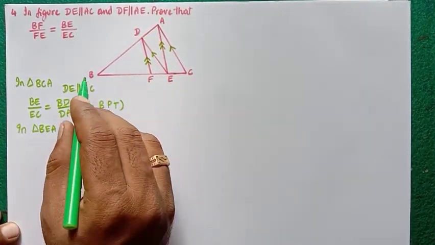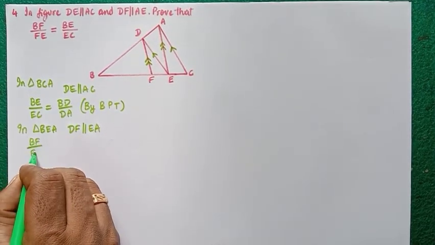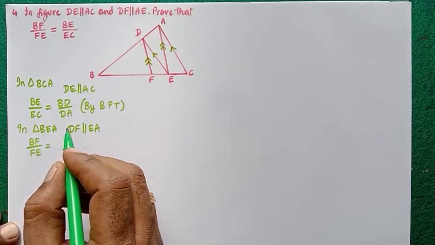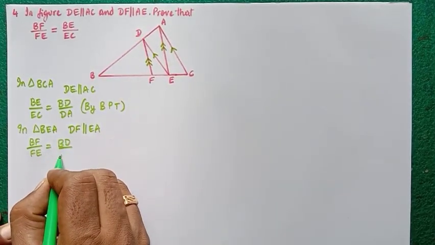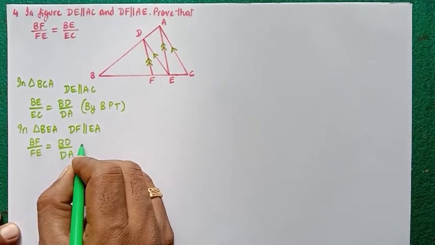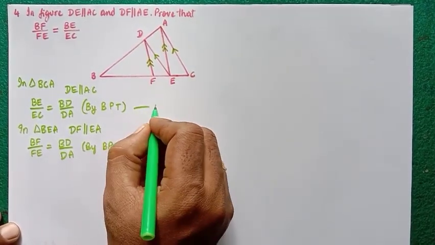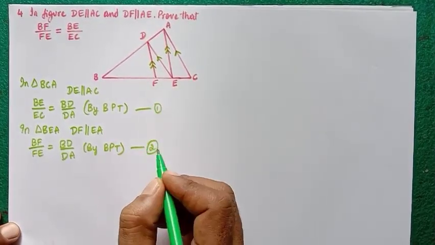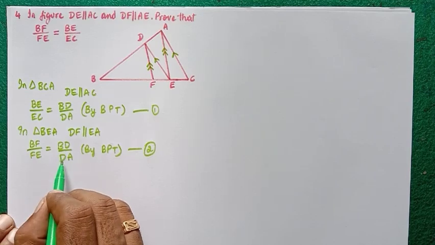Here too we can write BF by FE is equal to BD by DA, by the basic proportionality theorem. This is the first case and this is the second case. So here too BD by DA and BD by DA is there.